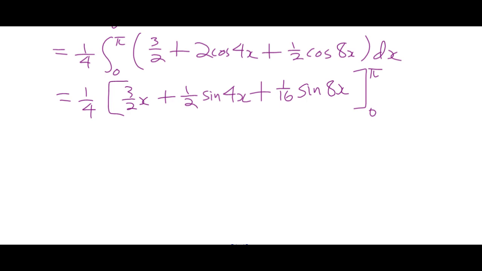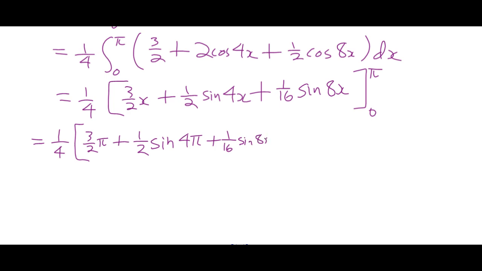Now, but let's write it out. I mean, it doesn't hurt to write it out. So we've got 1/4. We know where it's going. So we got 1/4 of, okay, now we put the pi in, so 3/2 pi plus 1/2 sine 4 pi plus 1/16 sine 8 pi. Let's throw that in a set of brackets.